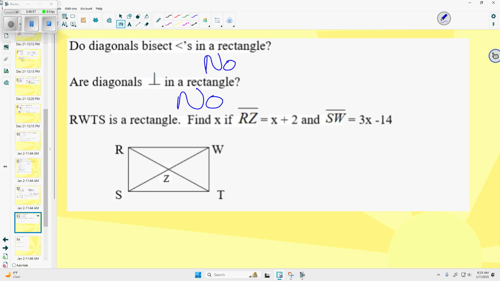All right. We've got a rectangle in this next picture. RSTW, or RWTS, is a rectangle. We want to find X. If RZ is X plus 2, so just here, and SW is 3X minus 14, what kind of equation can we set up for that?